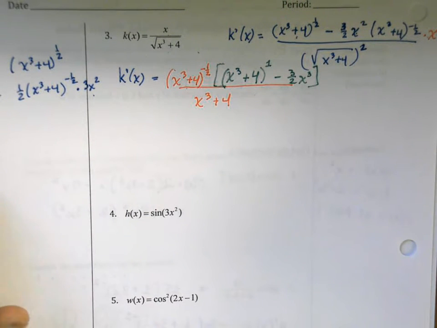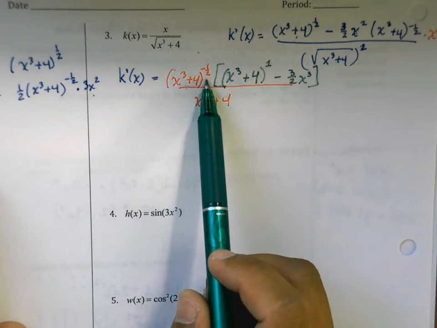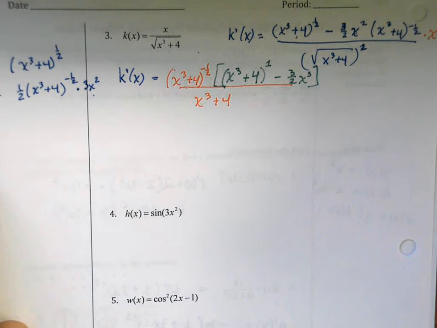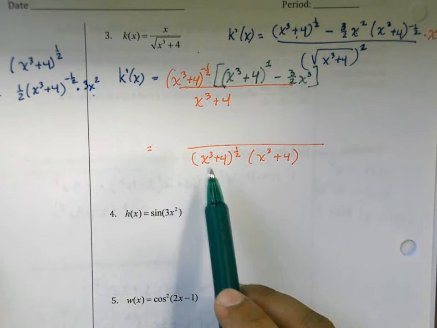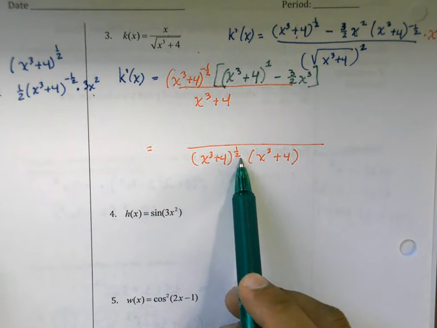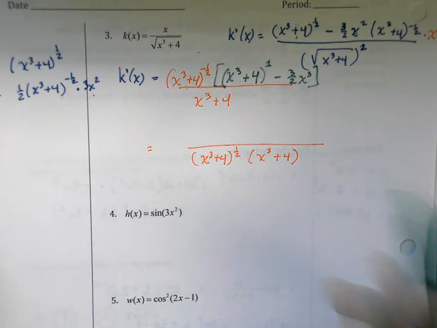Then there's maybe a little bit more simplification that can still be done. We're going to take this negative exponent here and bring it down into the denominator, and what we will get is (x cubed plus 4) to the 1/2 to the positive 1/2 times x cubed plus 4.